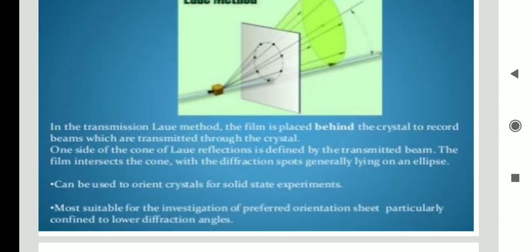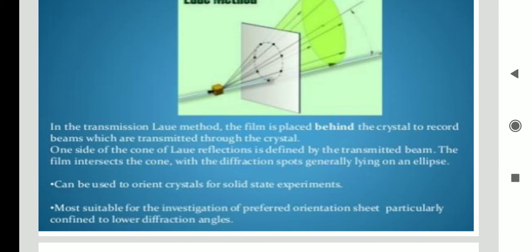So briefly, in this transmission Laue method, the film is placed behind the crystal to record the beams which are transmitted through the crystal. One side of the cone of Laue reflection is defined by the transmitted beam.